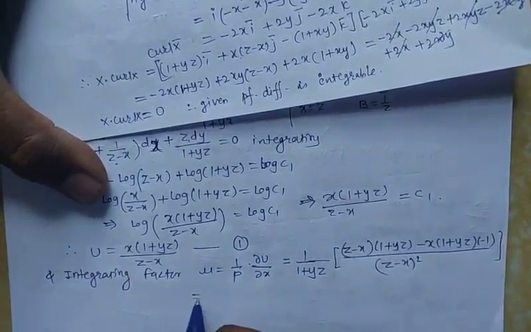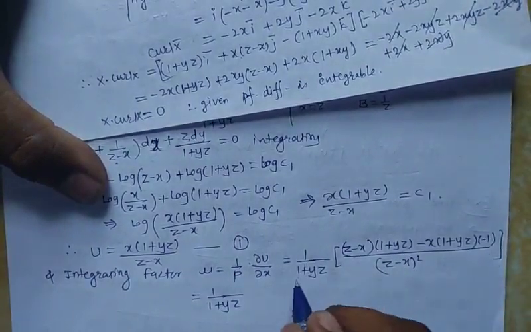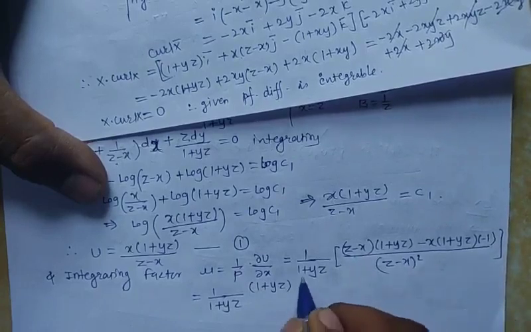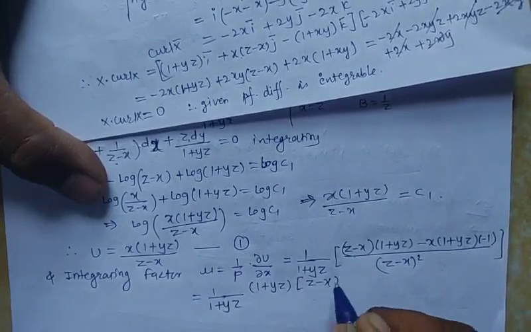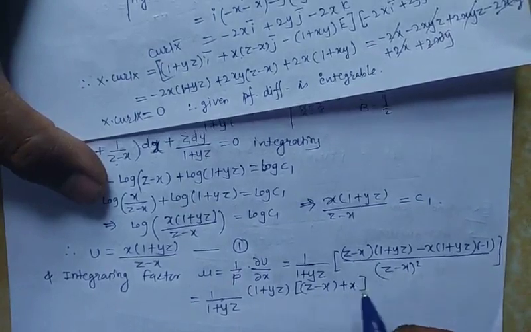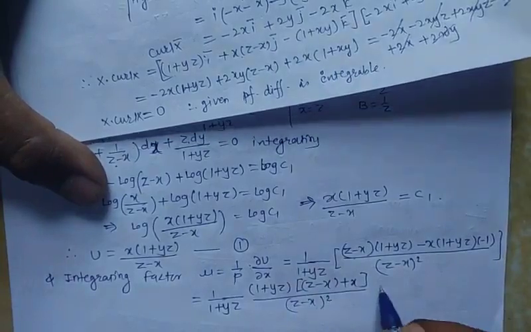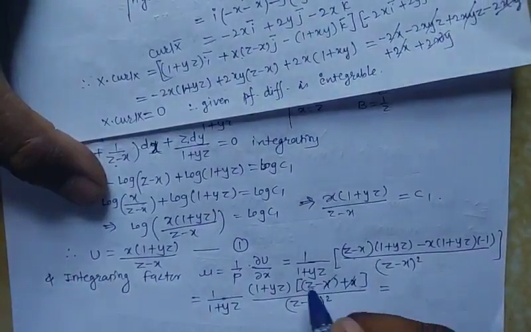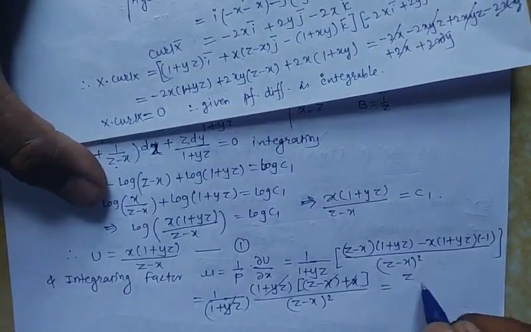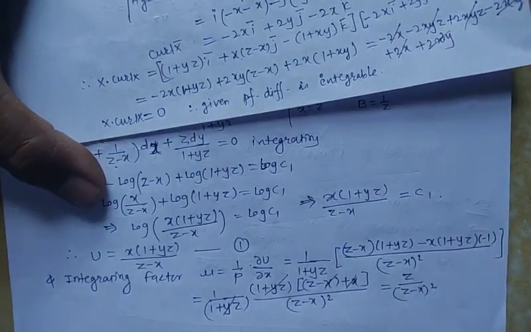So which is equal to 1 upon 1 plus yz; taking 1 plus yz outside, inside the bracket we get z minus x, and here minus minus plus x, divided by z minus x bracket square. So plus x and minus x get cancelled. So we get z upon z minus x bracket square.